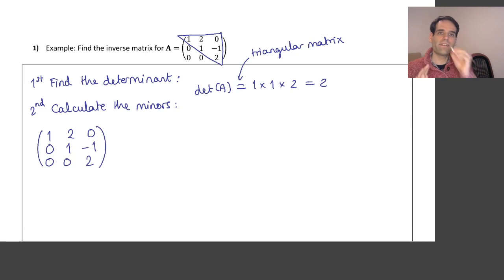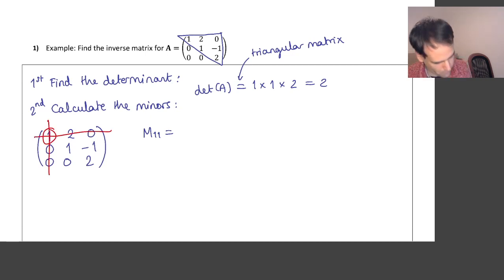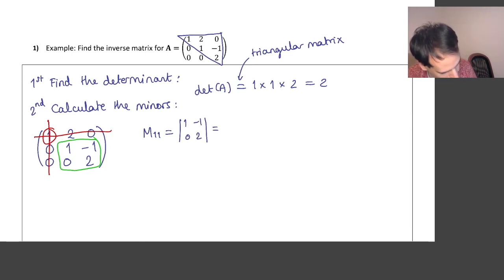We need to find 9 minors, one minor for each element. The first minor is equal to the determinant that you get when you cross out the first row and the first column. We look at what remains, and we need to find the determinant of 1, minus 1, 0, 2, which is equal to 1 times 2 minus 1 times 0 equals 2. So that's the first minor.